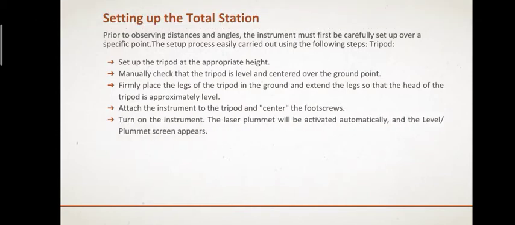Next, turn on the instrument. Once you have set up the instrument and leveled it with the help of the foot screws, turn on the instrument. The laser plummet will activate automatically and the level plummet screen appears. Whether your instrument is level or not can be checked digitally.